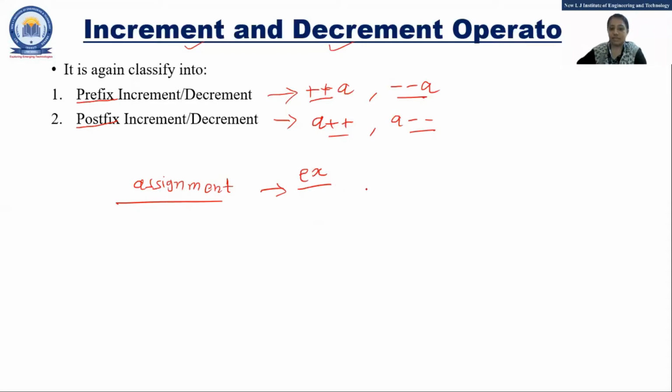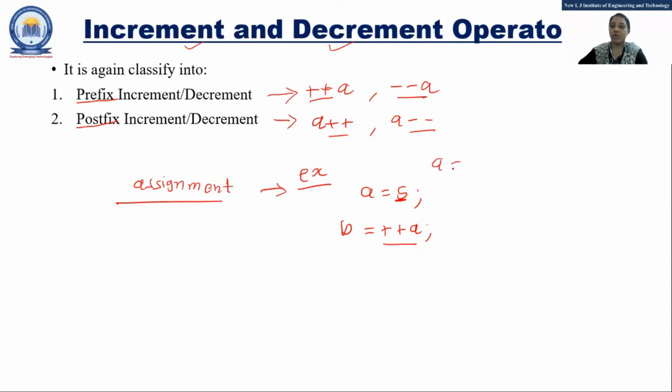Suppose I have the value of a equal to 5, and I write b equal to plus plus a. There will be a 5 in a. Now, if I write plus plus a, that means that value is incremented by 1.